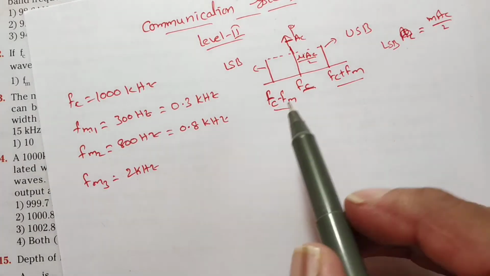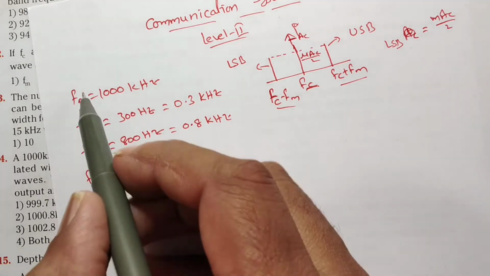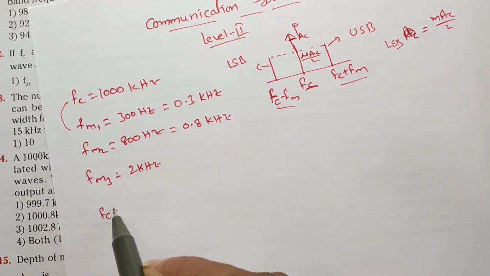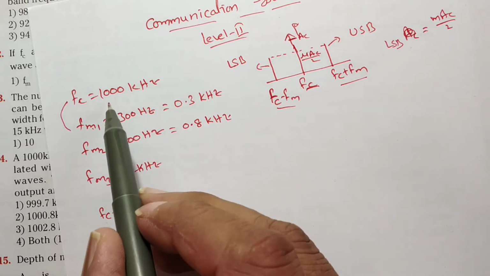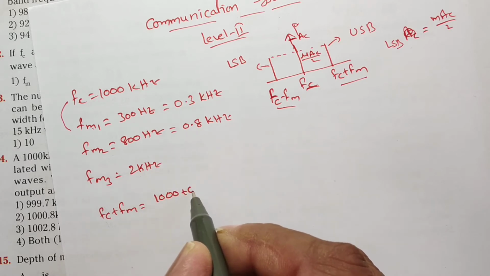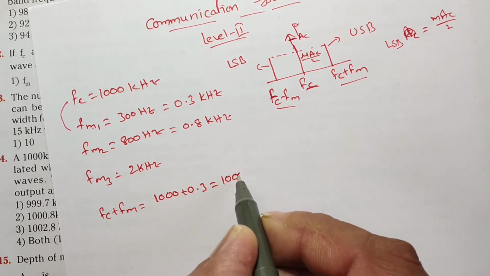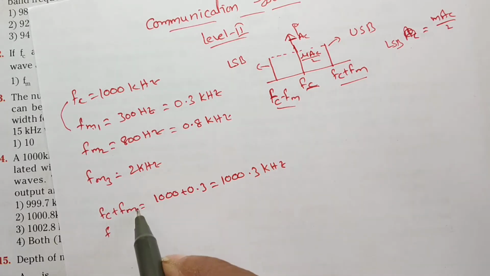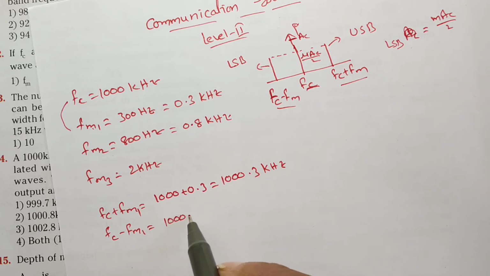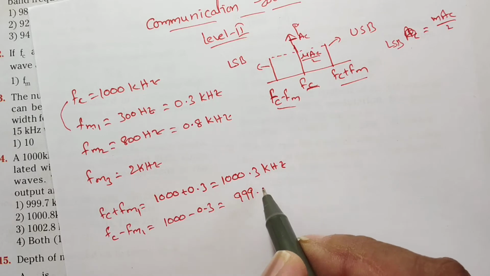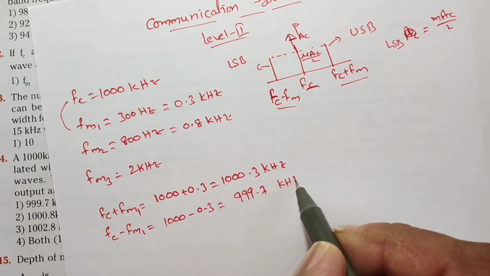Now we have to find fc plus fm and fc minus fm. fc plus fm1 is 1000 plus 0.3, we get 1000.3 kilohertz, and fc minus fm1, 1000 minus 0.3, we get 999.7 kilohertz.